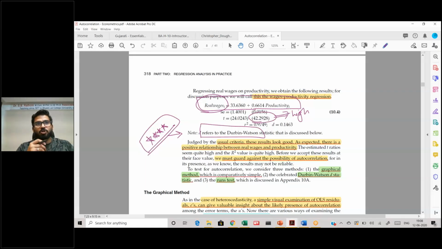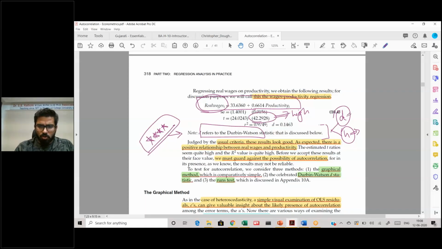So always remember the White test for heteroscedasticity, which is one of the most widely used tests, apart from the other tests as well, and the Durbin-Watson test. There are two tests by Durbin-Watson: there is a D test and there is an H test. The H test is not being explained in this particular chapter, but you can find it in my class notes.